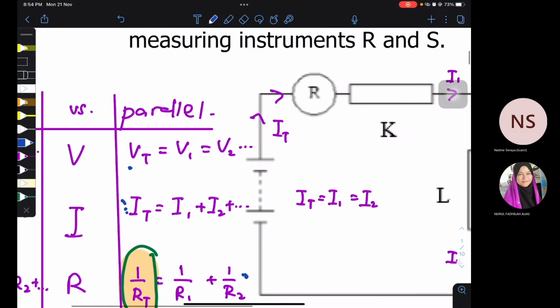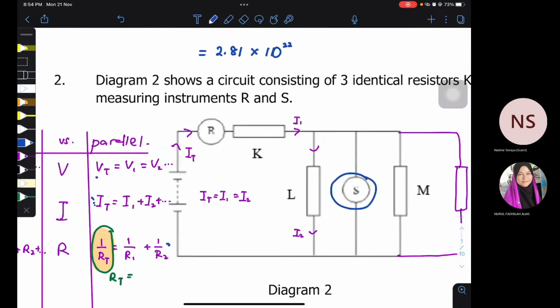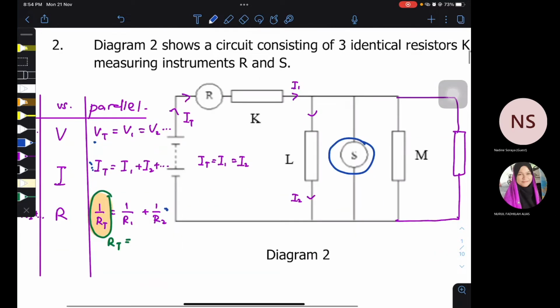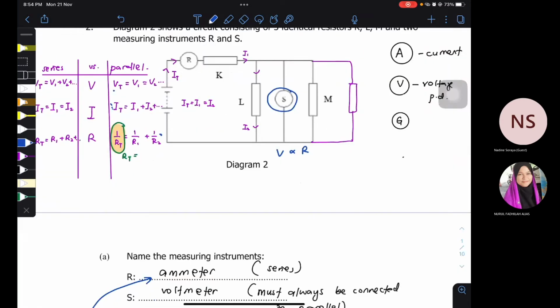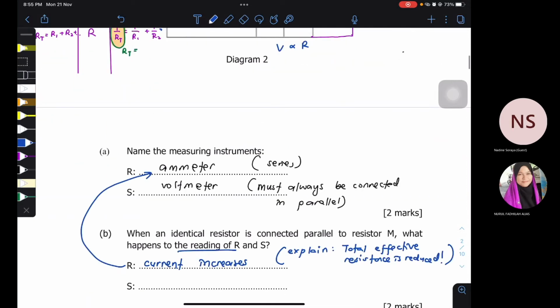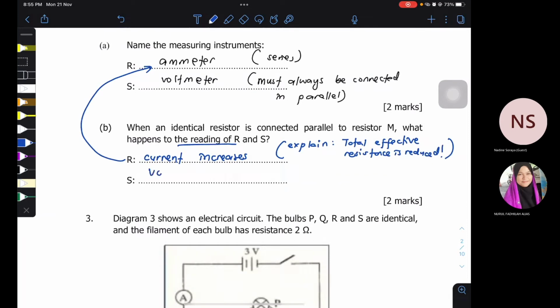The voltmeter reading here. We know voltage is directly proportional to the resistance, for this case. So when the resistance is low, the voltage is low. Why is it like that here? Because what we are measuring is not the total voltage. So when the resistance is low, the voltage will also be low.